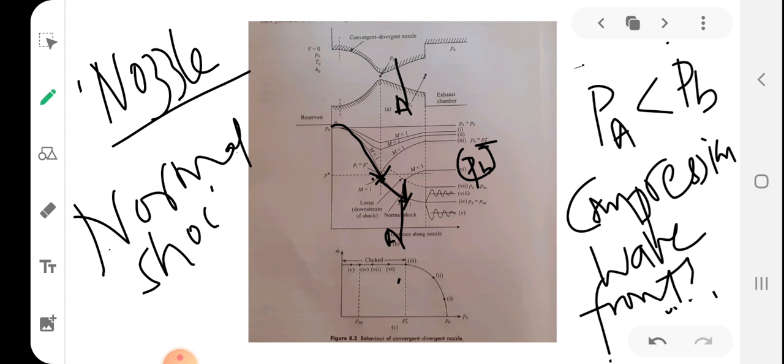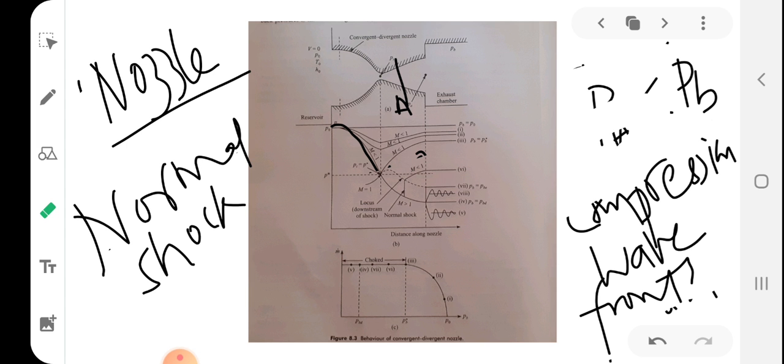A normal shock forms. So that normal shock is seen here. This particular rise in pressure is the normal shock, and after the normal shock the flow becomes subsonic, means Mach number will be less than 1, and the exit P will become equal to PB.